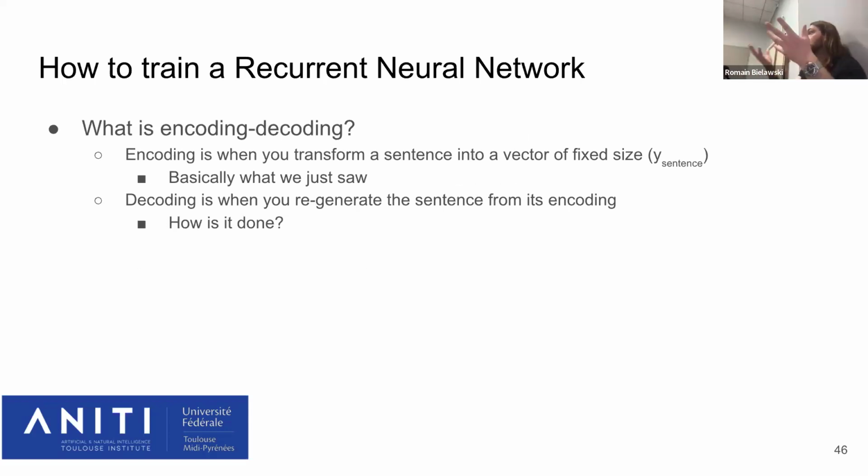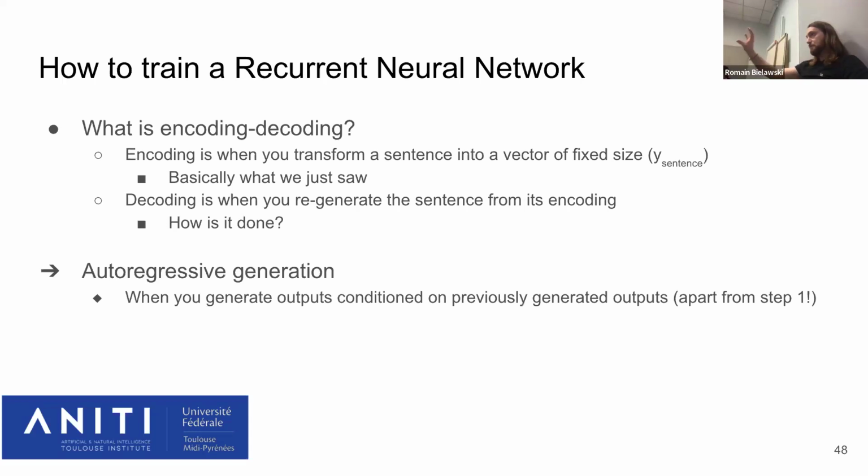That's what we saw in previous examples. And then decoding is regenerating the sentence from the fixed size vector. It's done through autoregressive generation, and the encoding part is very similar to what we've seen with the "what time is it" sentence.